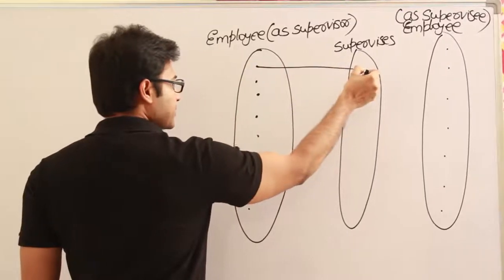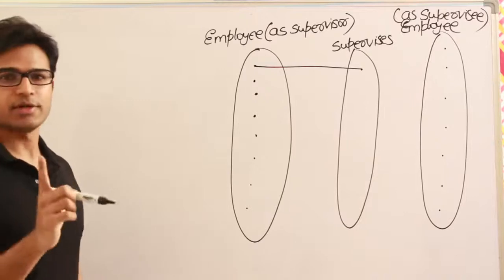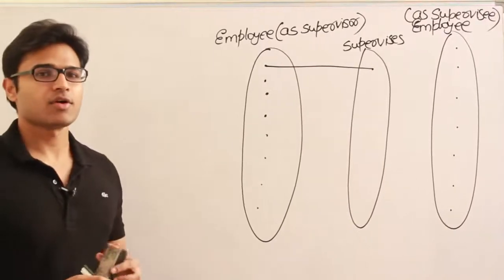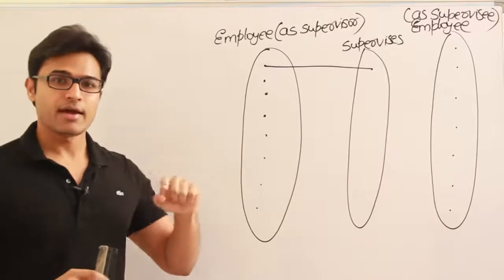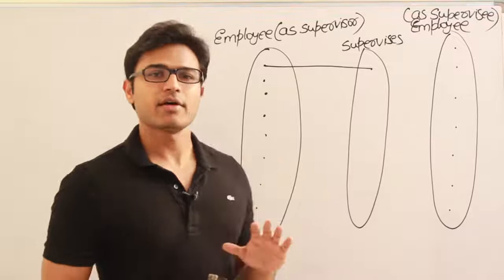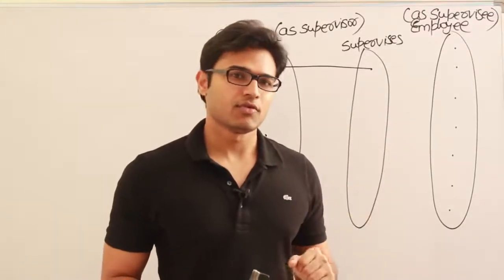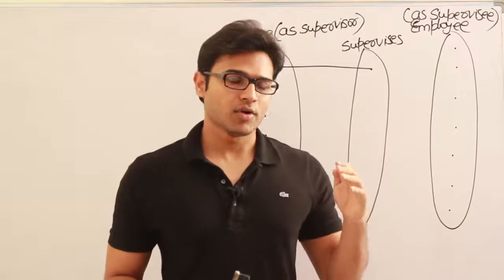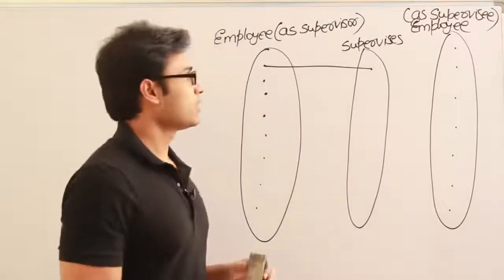Assume that the specifications are such that every employee reports to only one employee, which means you are not going to have two bosses. Every employee can have only one boss, and every employee except one or two, or except a few, is going to have a boss, a supervisor. Therefore, if you are going to report to someone, you'll be reporting to only one. That is the meaning of it.